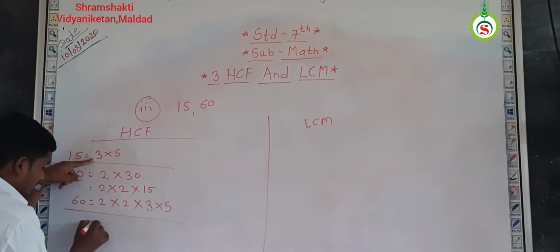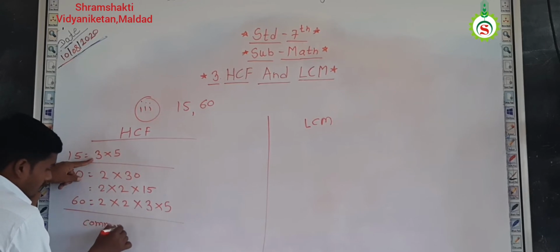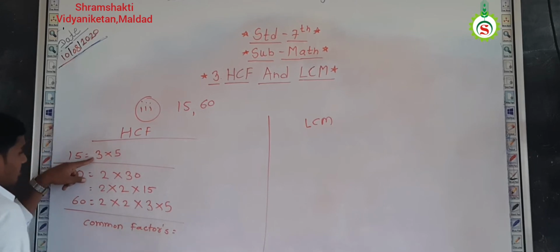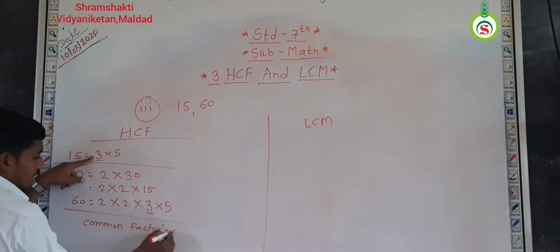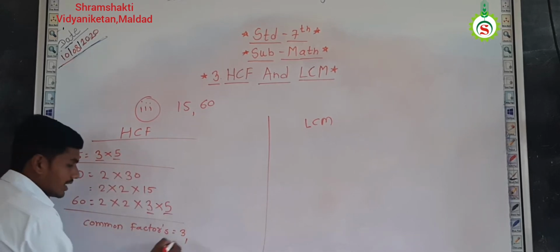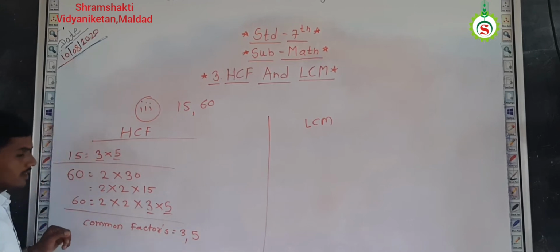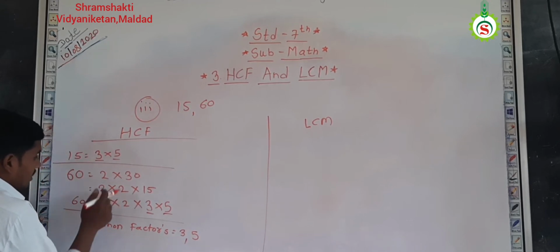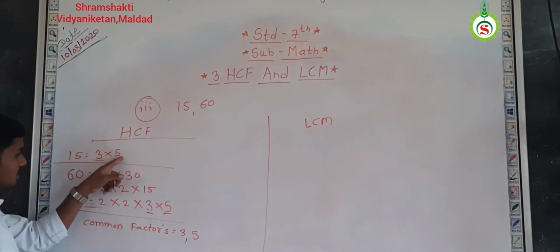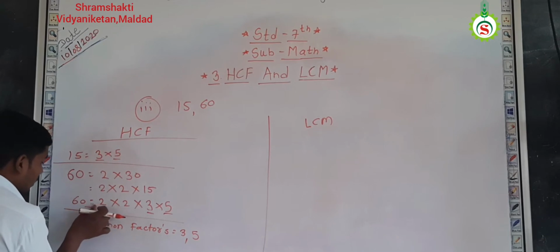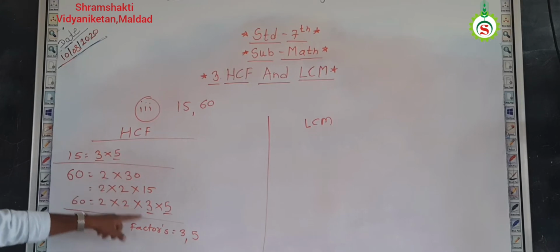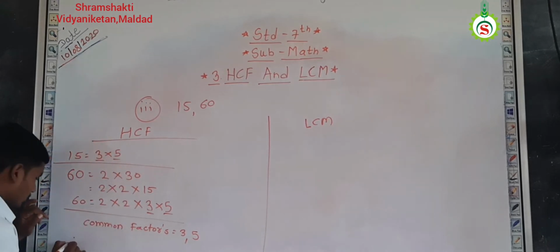That's why it is common. 3 is here, 3 also here, that means it is common. Next, that 5 is here, that 5 also here, that means 5 is also common. Now that 2 is here, but that is not in the factors of 15. That's why I am not going to take that 2. So which are the common factors? 3 and 5.